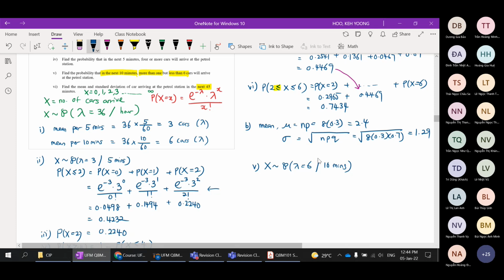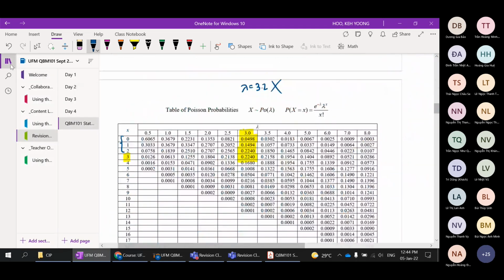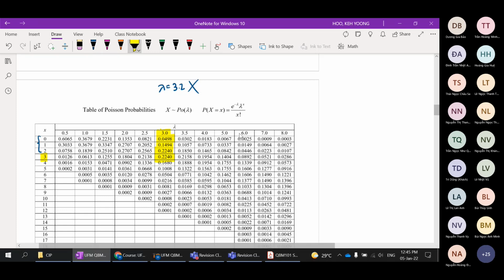So this time what we want to find, x is more than 1, less than 6. So the probability could be x equals to 2, 3, 4, 5. If you're referring to the statistical table, make sure you look at lambda equals to 6.